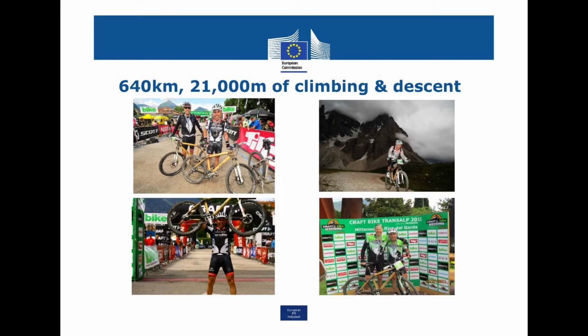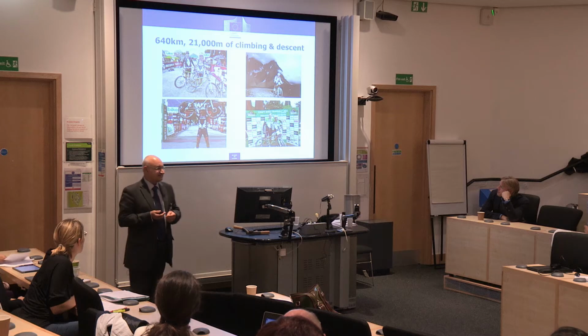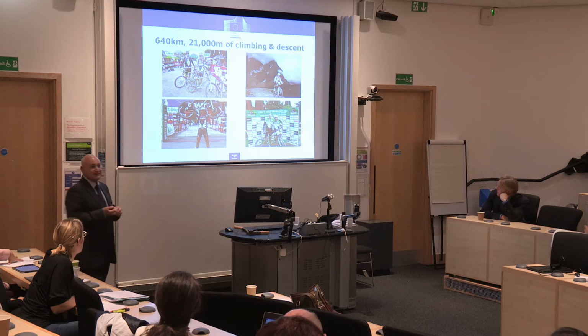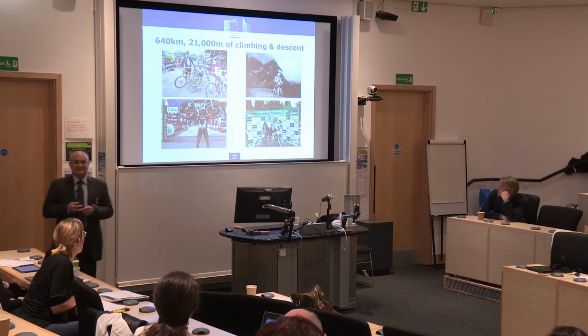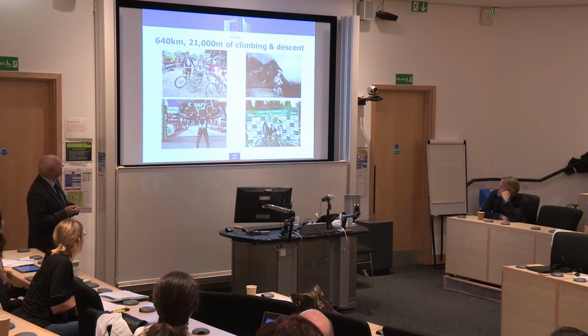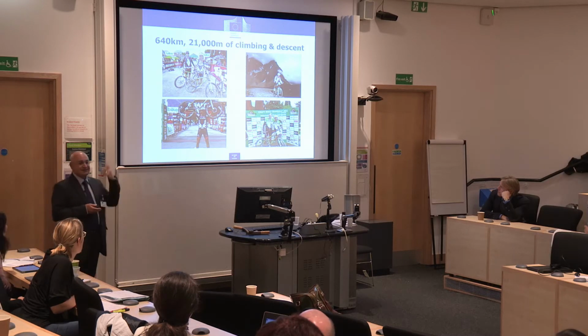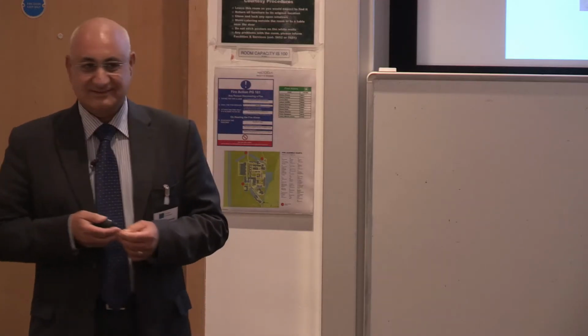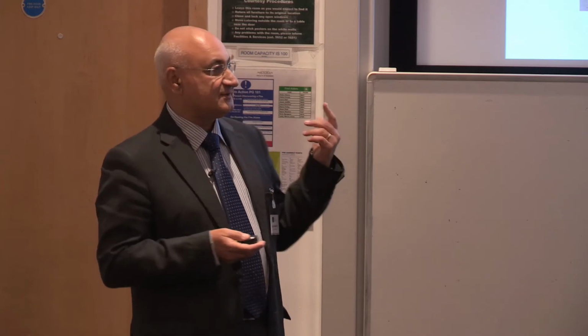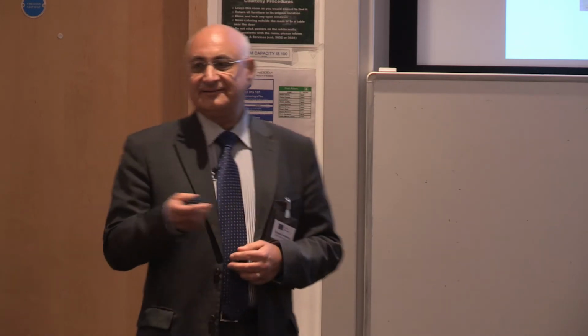And the other thing we thought we'd do is send the inventors off on holiday. But the bad news was that they had to cycle the Transalps mountain bike race, which was 640 kilometers and up and down 21,000 meters. And the two bikes, unfortunately, they're not here to take a bow, but they were here earlier.